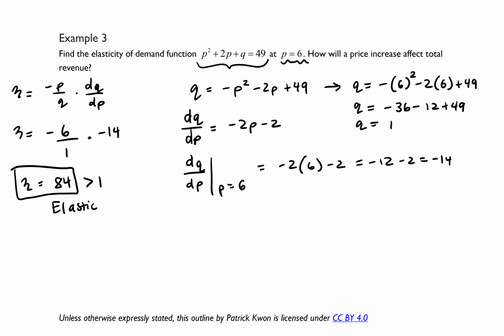We got eta is equal to 84, and that means we have elastic, and so a price increase leads to a decrease in revenue.